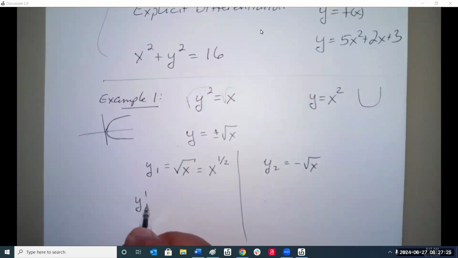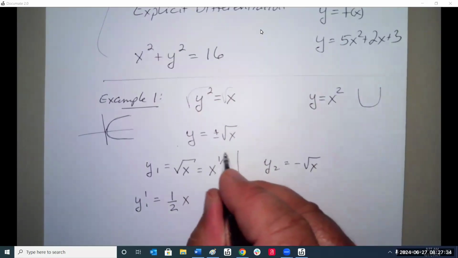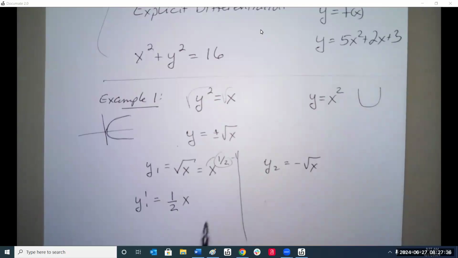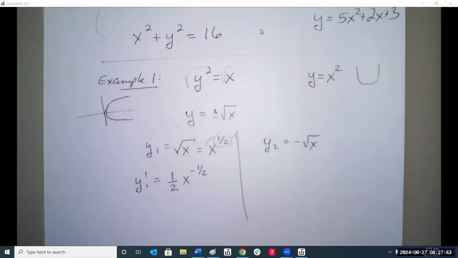So for the derivative of this side, bring the power down, which makes it 1/2, and then subtract 1. 1/2 minus 2/2 makes it negative 1/2, which becomes 1/2 x to the power negative 1/2, which is equal to 1/(2 square root of x).